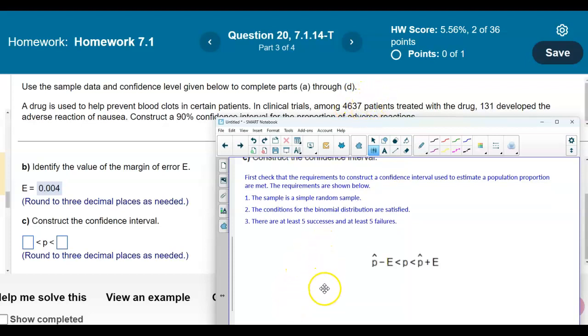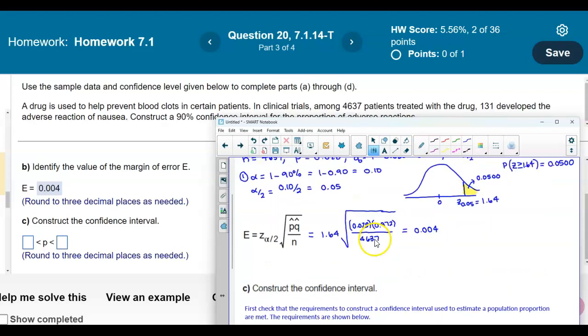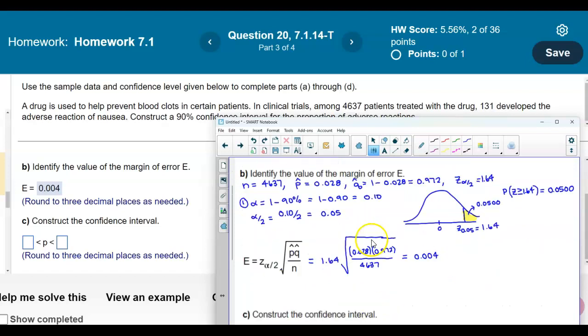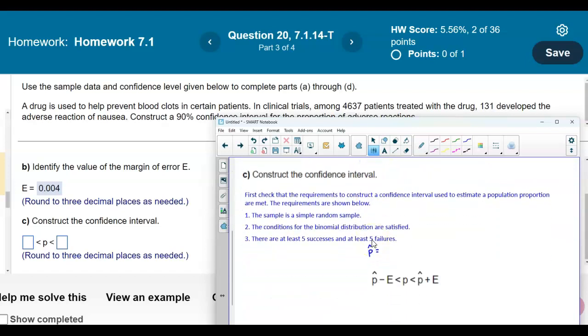Now what we need to do is to construct the confidence interval. So we need to write down what was our point estimate that we found at the beginning of the problem. Well, we found the point estimate was 0.028. And the margin of error was 0.004.